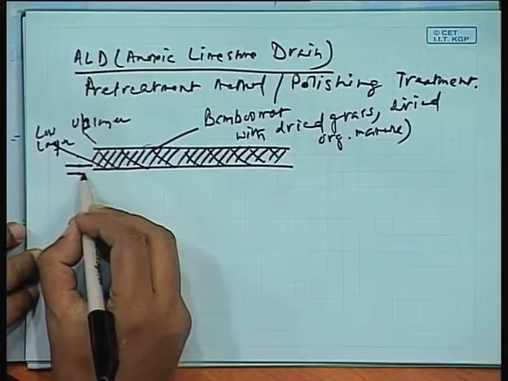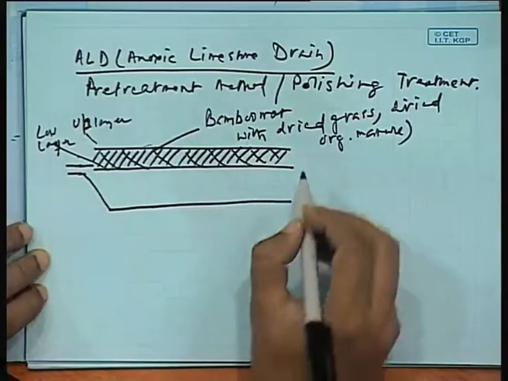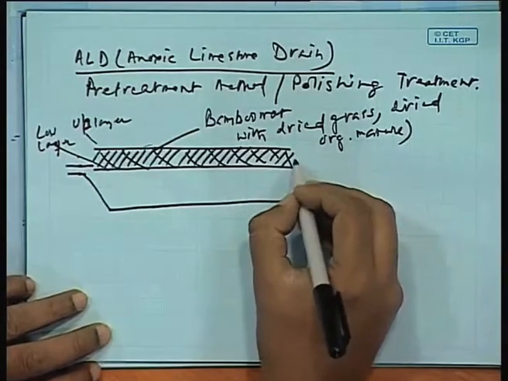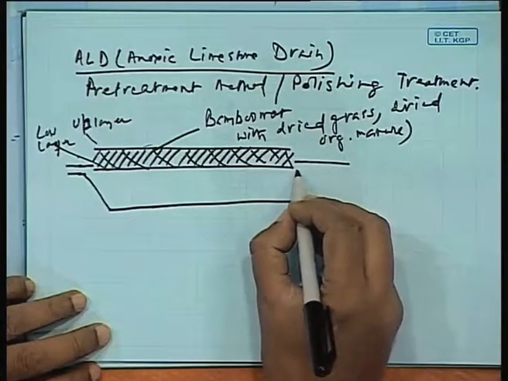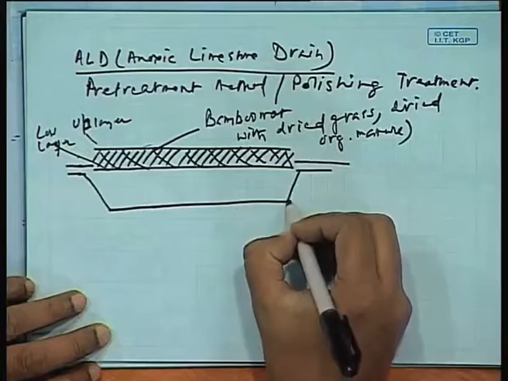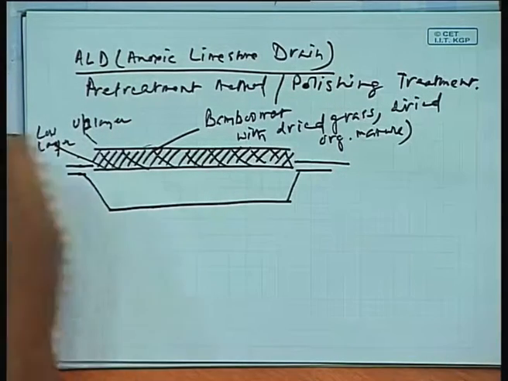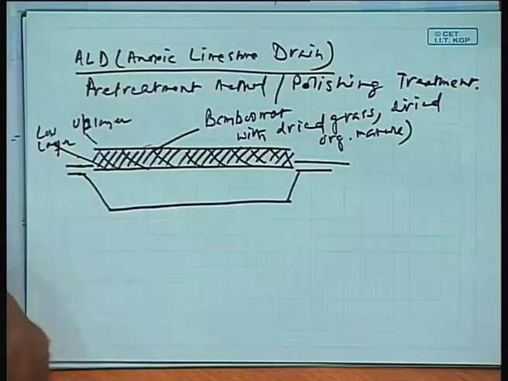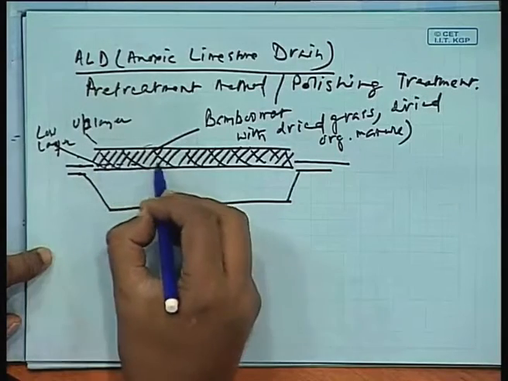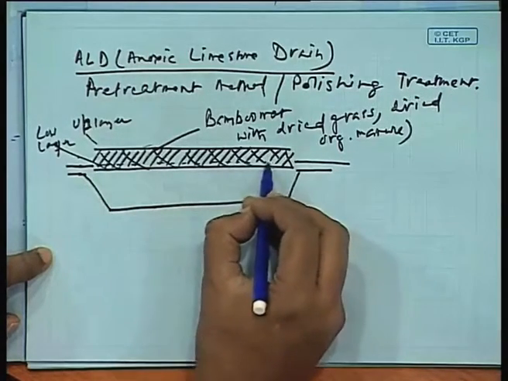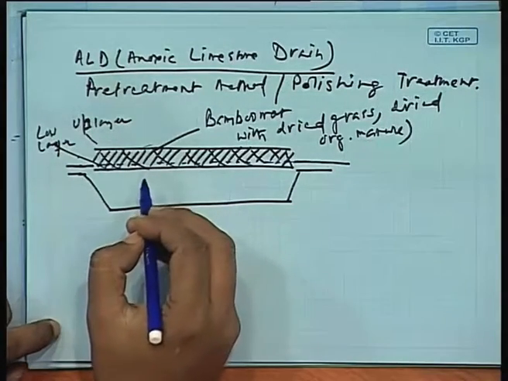This is how the stream is. The water would be coming out like this, and this is the level of the water. The water would be just touching the mat.